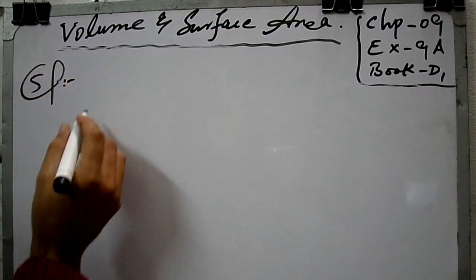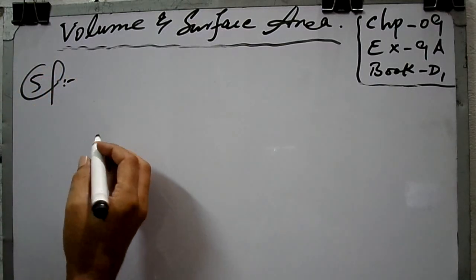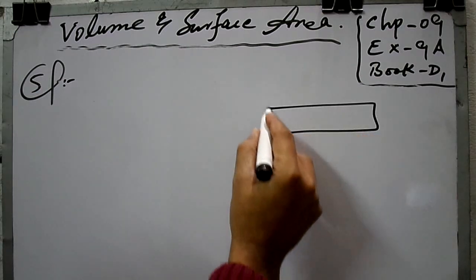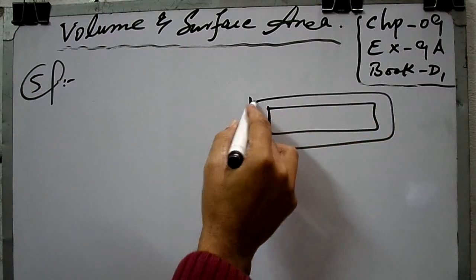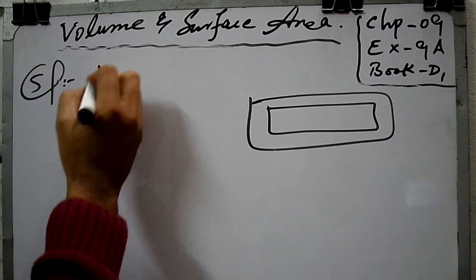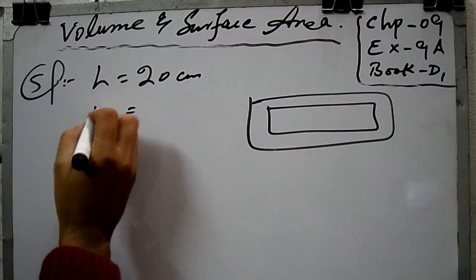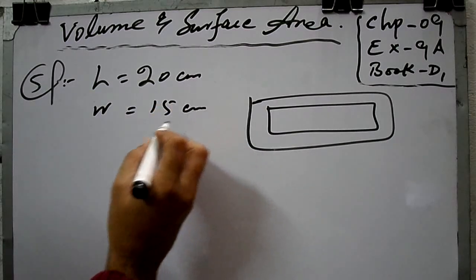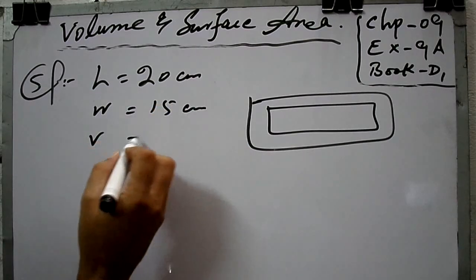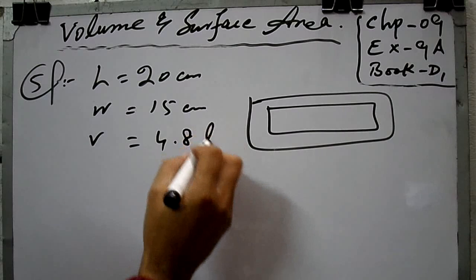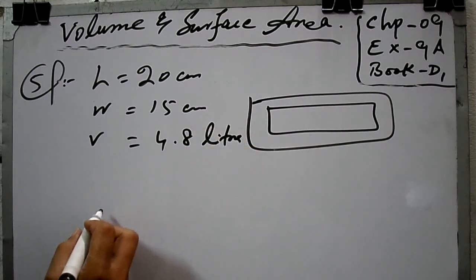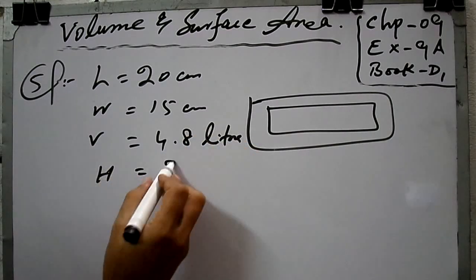Without this we cannot judge what to do. Water tank is like a rectangular shape, so you can see the length is 20 centimeter, width is 15 centimeter, volume is equal to 4.8 liters. So we have to find height.